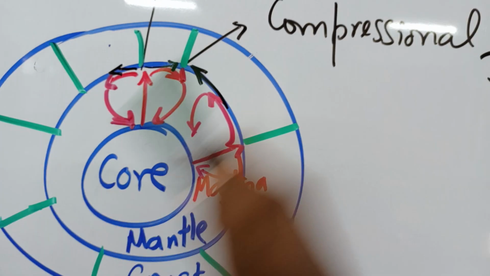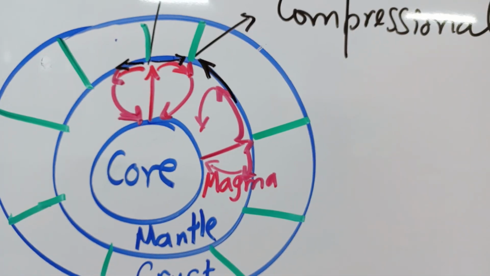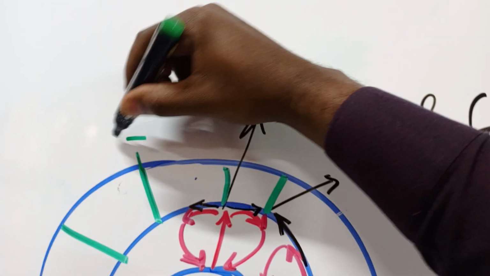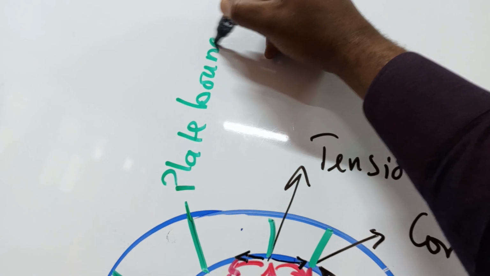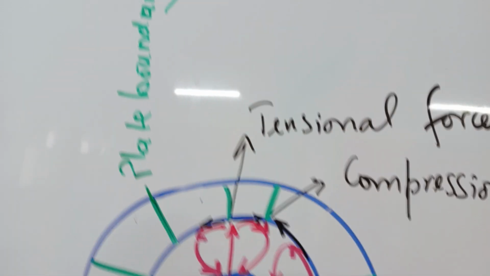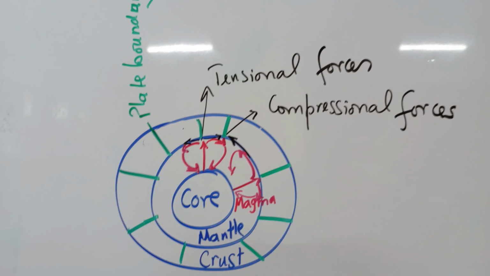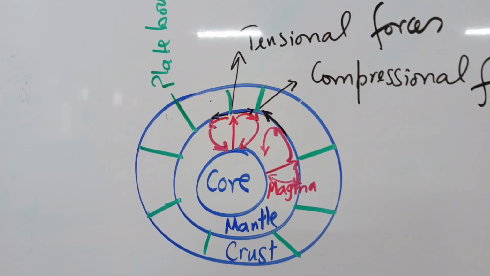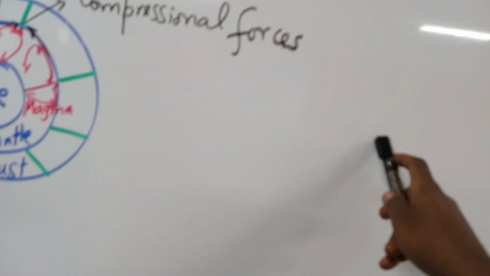All of these are plates, and the green lines here are marking plate boundaries. So this is a plate boundary. So the limit between two plates.